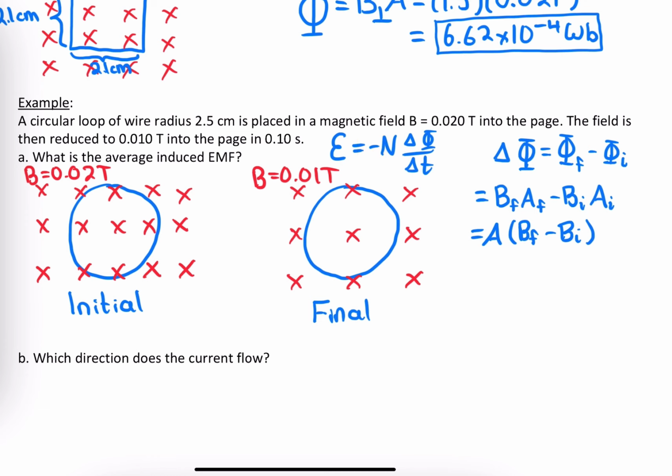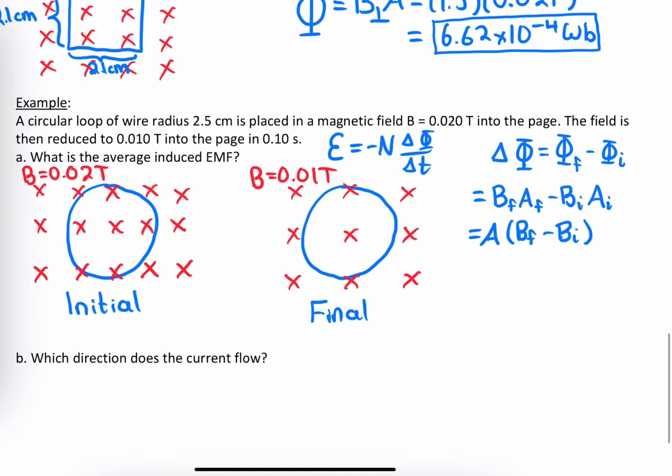So, with that in mind, my area, well, this loop is a circle, so area is going to be pi r squared. So pi, and the radius it said was 2.5 centimeters. So pi times 0.025 squared. And then B final was 0.01.